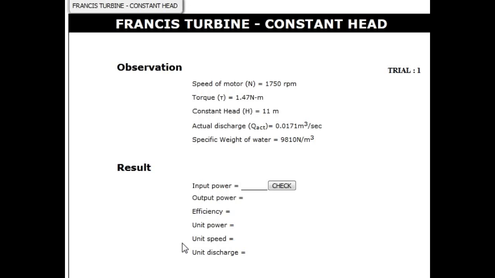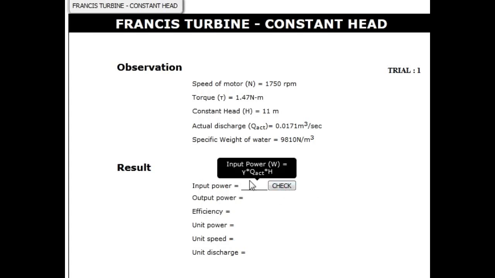In the sense of unit speed, if you have two turbines, we measure the speed of those two turbines which are connected to the same load, or which are giving the same power output, and which are made to work for unit head and unit power output. In that case, the speed that we measure is the unit speed.